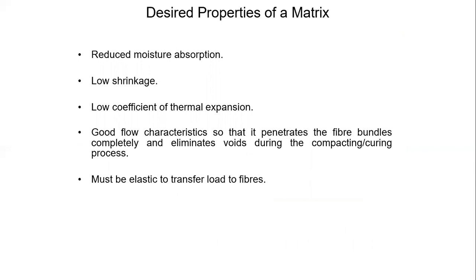By adding fibers as the reinforcement, the matrix has very low shrinkage, due to the multiple components in the matrix section. Next one, low coefficient of thermal expansion. So it has a very low coefficient of thermal expansion.